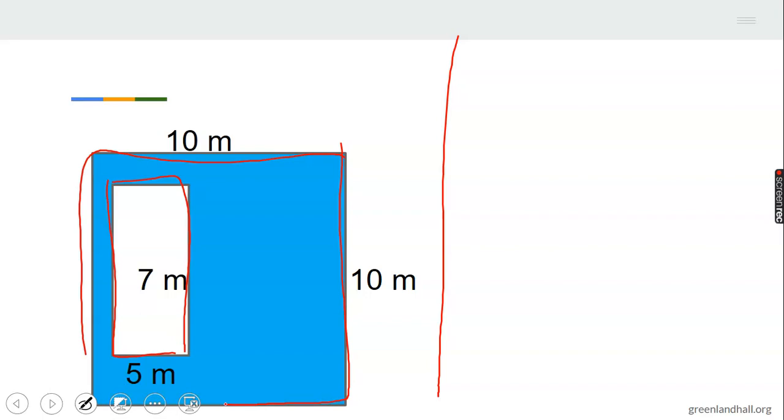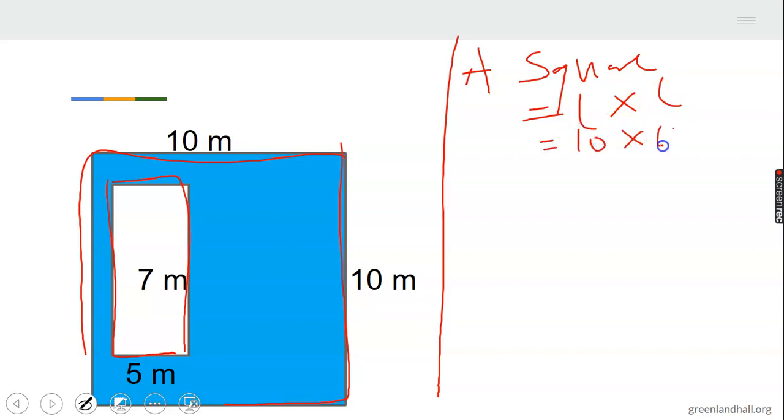The first thing to do is find the area of the larger shape, which is what? Square. Now, area of square equals to length times length, which is 10 times 10 equals to 100 meters square.